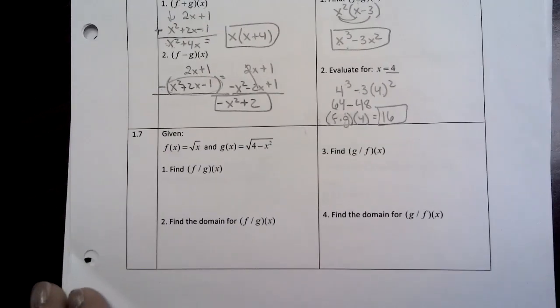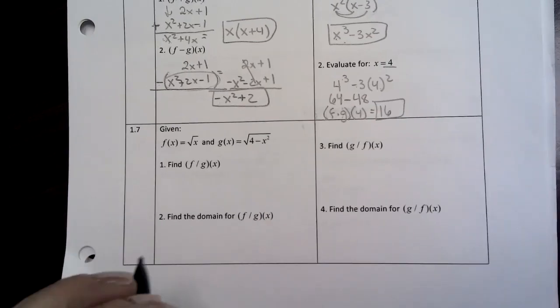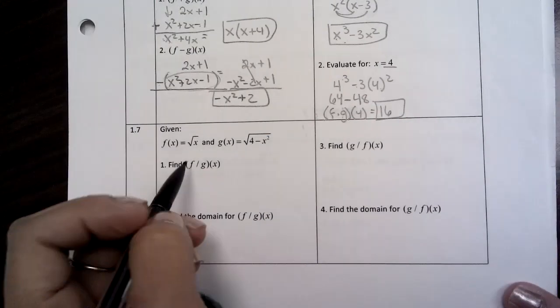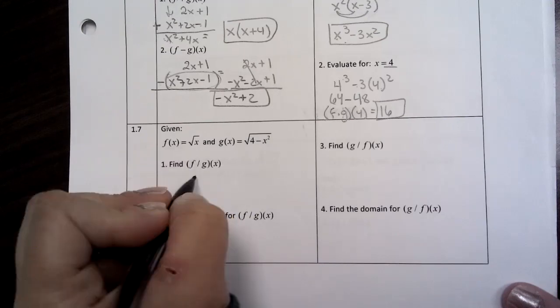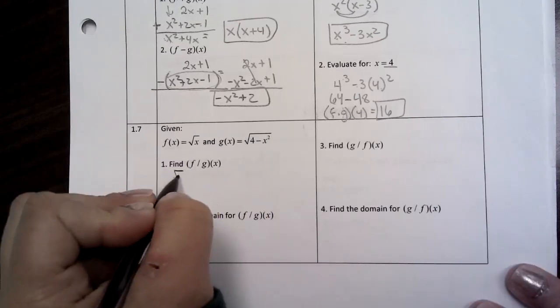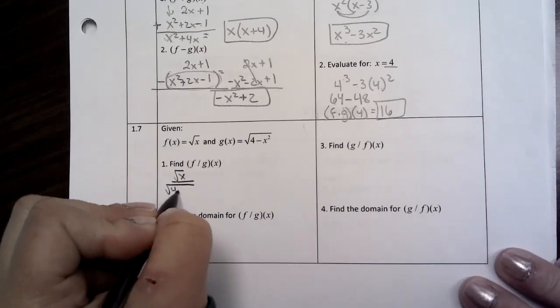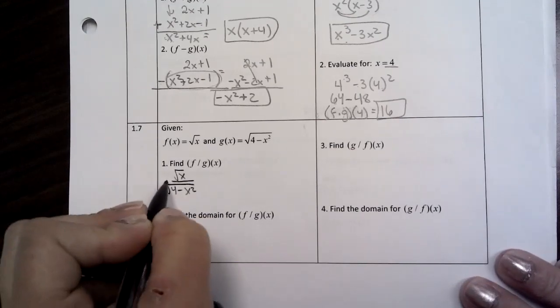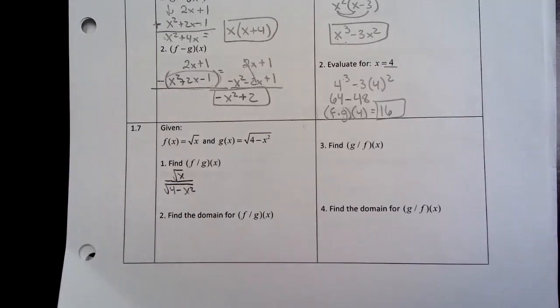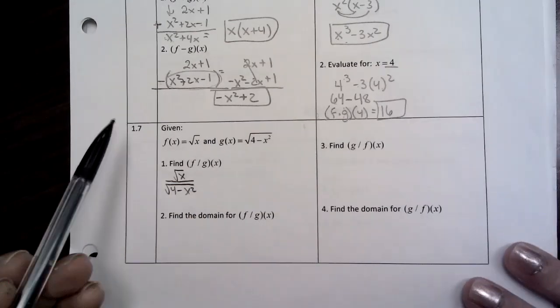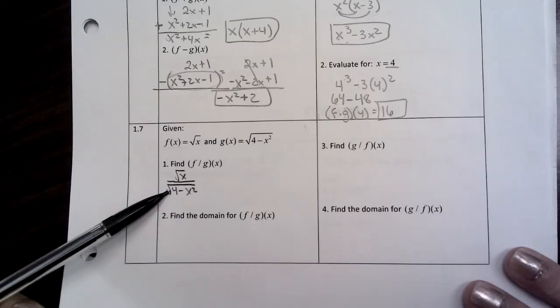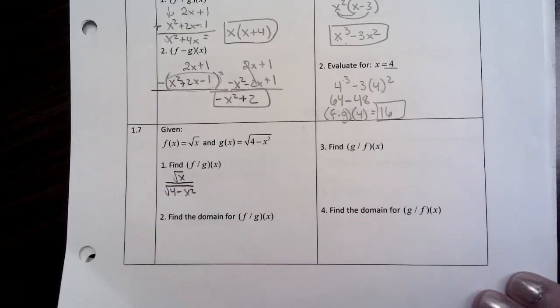All right, so let's take a look at the next problem. So the next one says f divided by g of x. So I'm going to take the square root of x divided by the square root of 4 minus x squared. Okay. Well, I do not want to leave this as a radical.